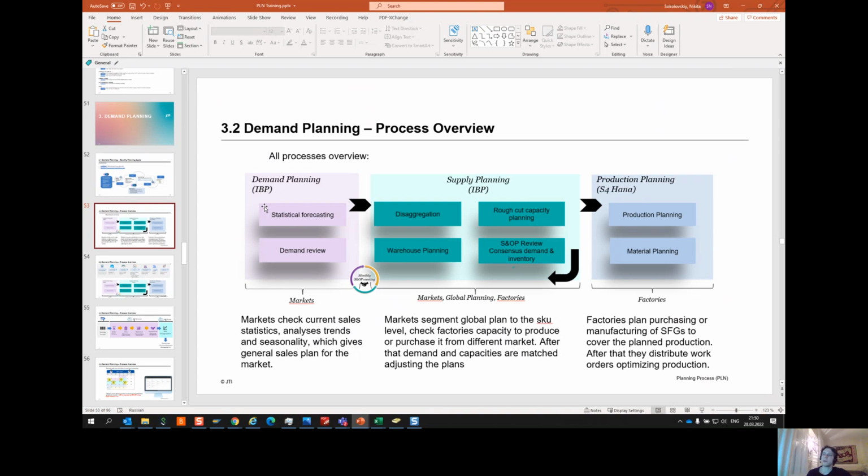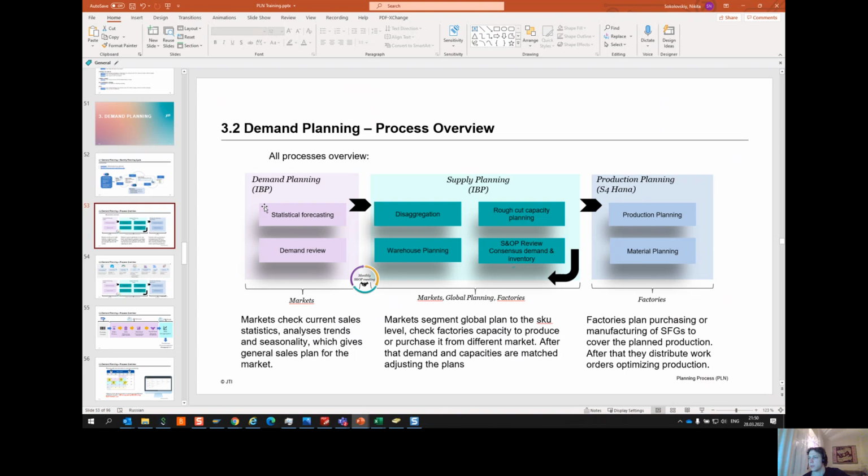After they analyze past sales data, they need to apply the automatic formulas of statistical forecasting in IBP to create a forecast for the upcoming month. Then they run this automatic algorithm called heuristics. There are heuristics on the production planning stage, on the supply planning stage, and on the demand planning stage as well.